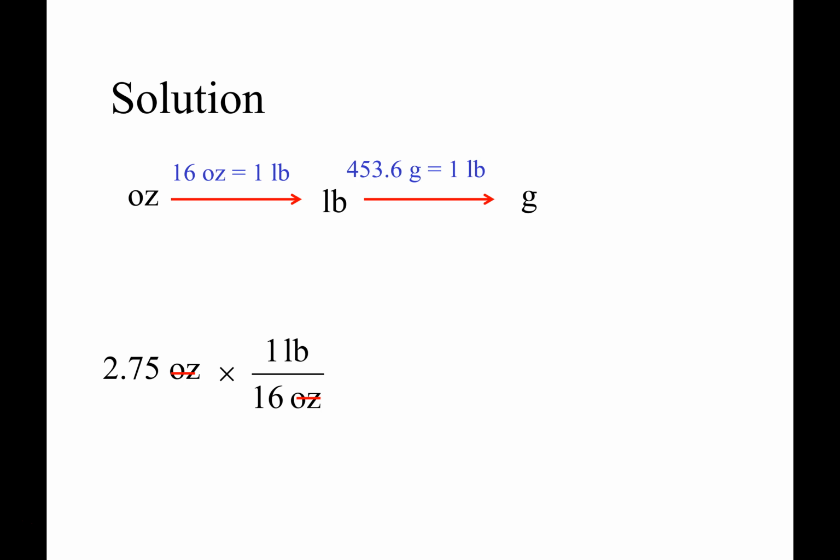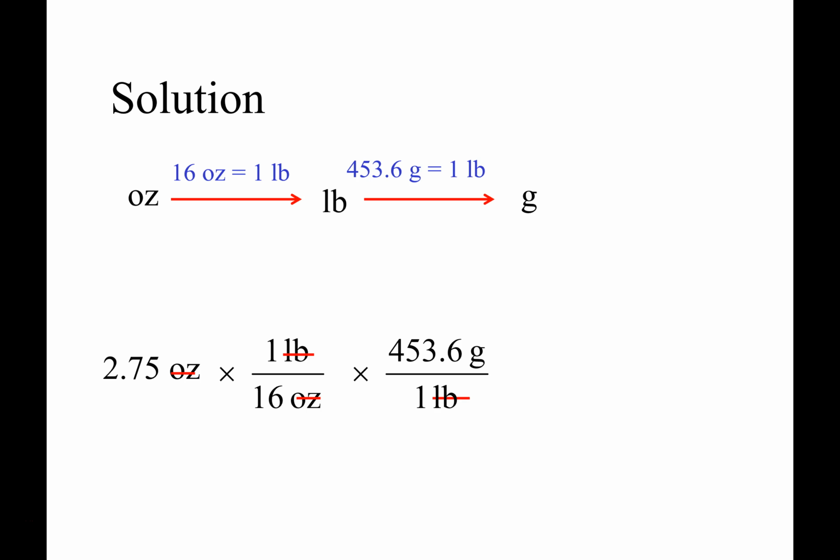How can we use the second equivalency statement to our benefit? 453.6 grams over 1 pound. Yep. Now those pounds cancel. Yay! And again, I don't pay any attention to the numbers. They're just along for the ride until the very end. Any questions about that? So we have units of grams.